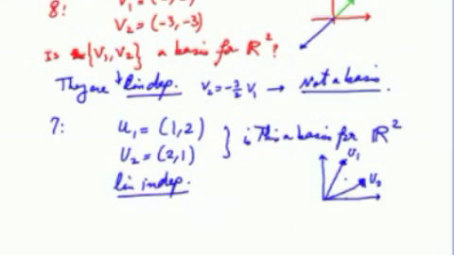Does it look like you can build up the whole space with them? If you have any point, any vector here, you want to know how many of this, how many of that it takes to build this. Here is something from basic geometry. Make a parallelogram.